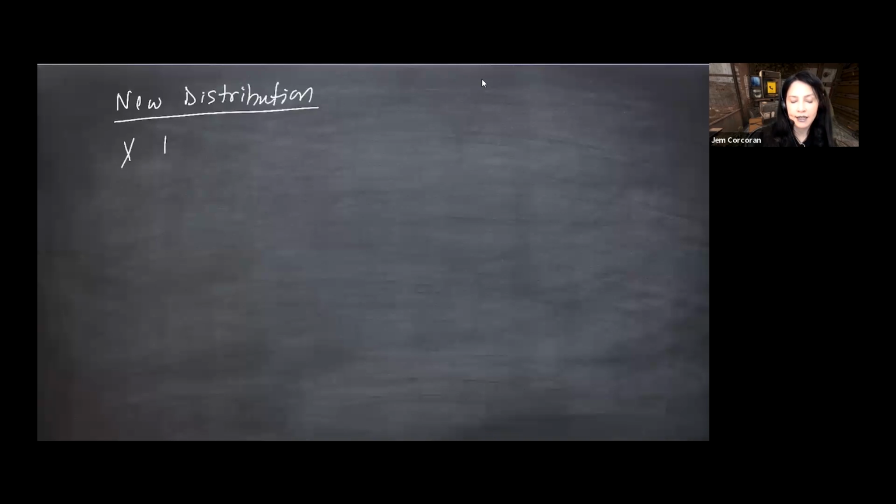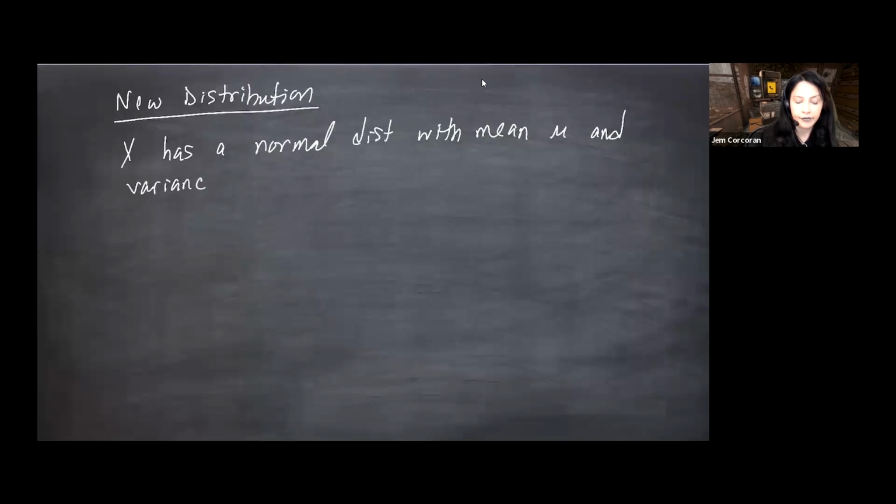So we say that X has a normal distribution with mean mu and variance sigma squared, where the variance has to be greater than or equal to 0. If the variance is 0, then you don't have a normal distribution anymore. You've got a random variable X that equals mu with probability 1. There's no spread around it.